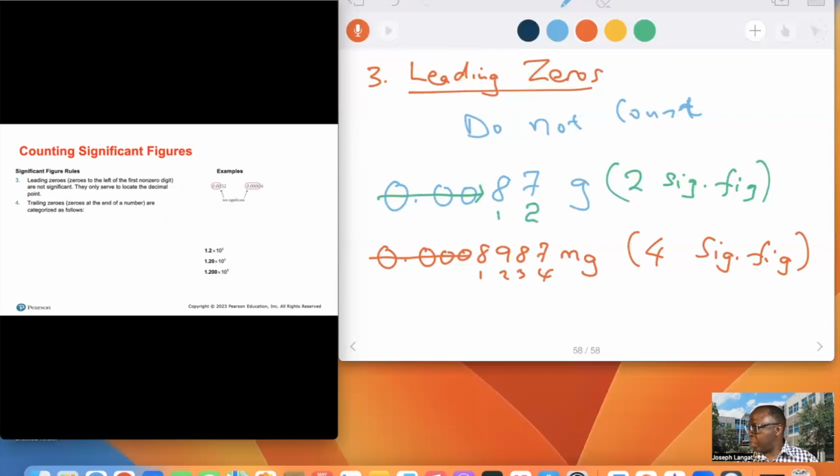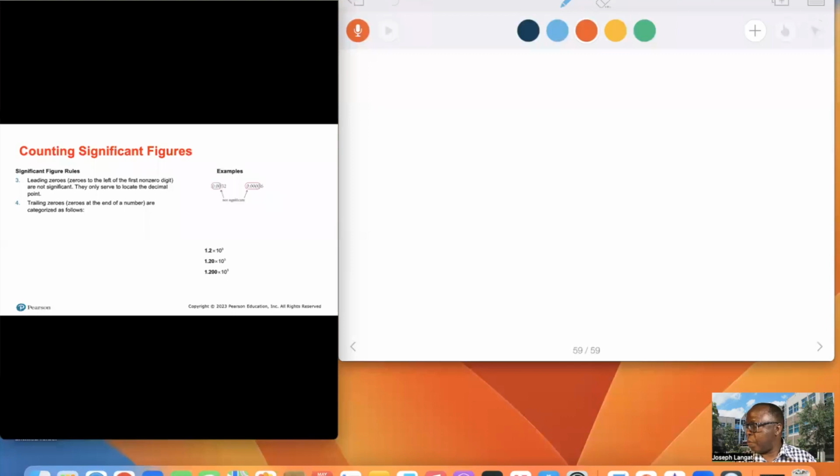However, trailing zeros, these are zeros at the end of a number.